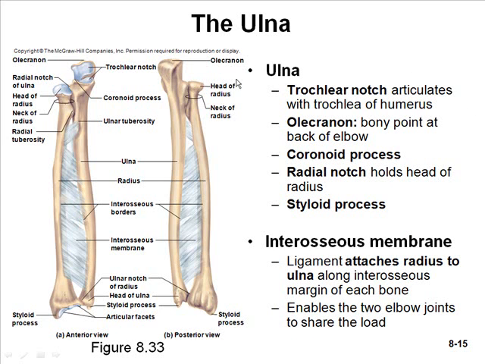So speaking of the ulna, you have a couple of different things. You have the trochlear notch, which is where the trochlea from the humerus articulates with the ulna. You have the olecranon. That's actually what you feel with your elbow. This proximal end of the ulna, called the olecranon, actually forms the elbow.